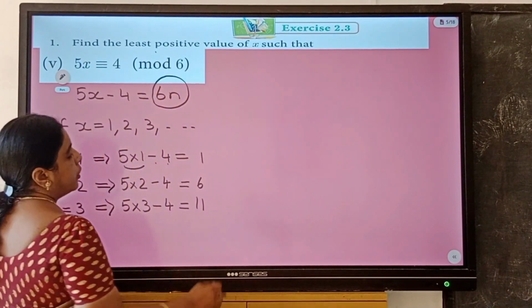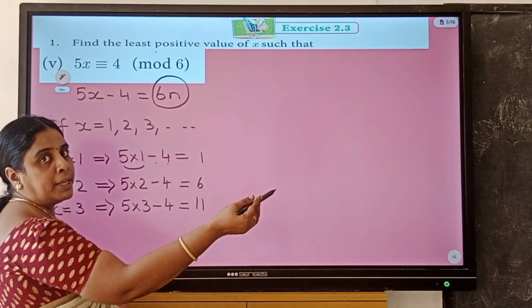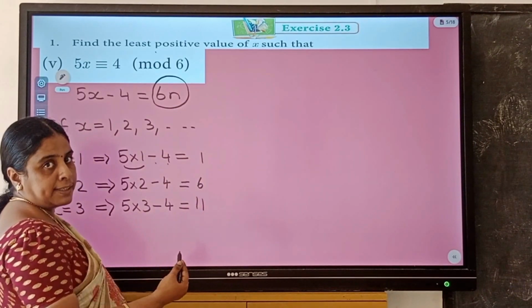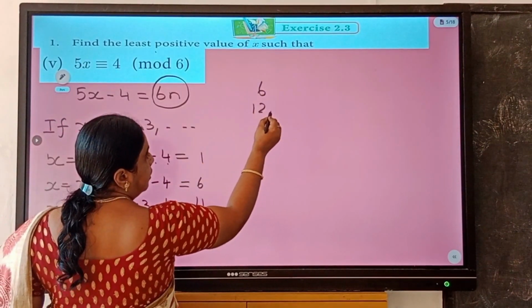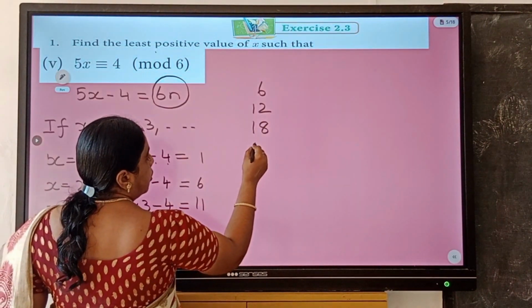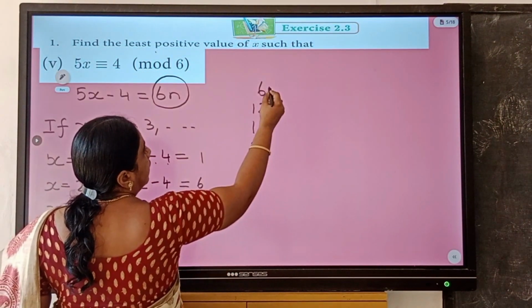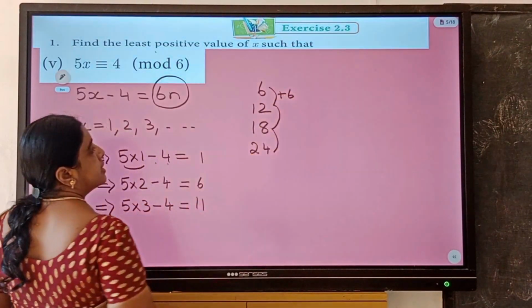You can know that multiples of 6 differ from one another by 6. Like 6 ones are 6, 6 twos are 12, 6 threes are 18, 6 fours are 24. So here you can very well see the difference is plus 6.